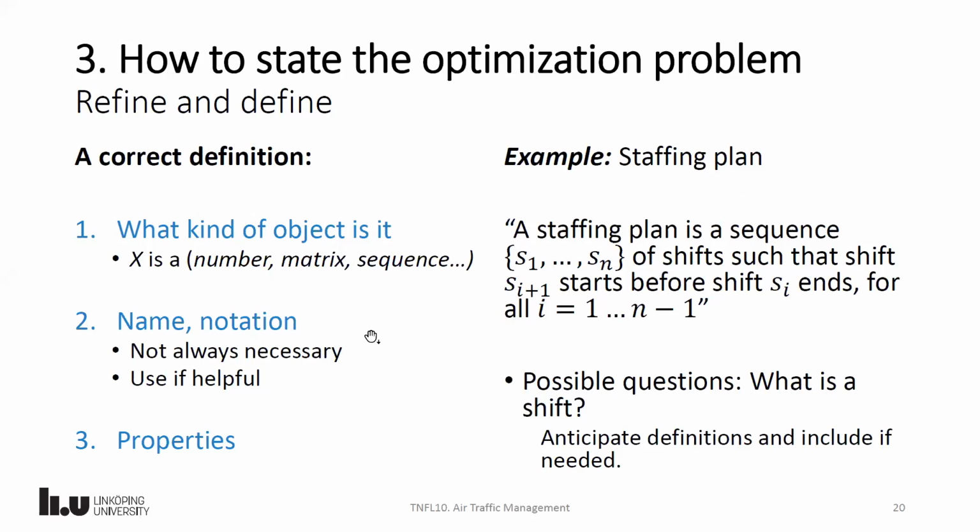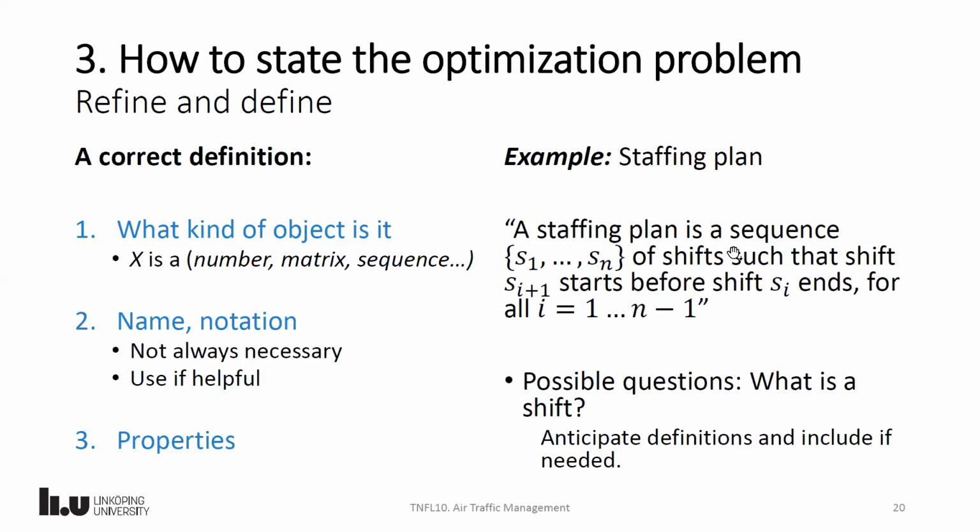And also, you have to give the properties for that object. In this case, with the staffing plan, we have a sequence of shifts. Okay, this is the definition, and then the properties. The properties are such that shift S sub i plus 1 starts before shift S sub i ends, for all i.